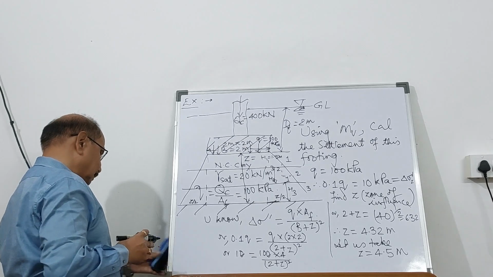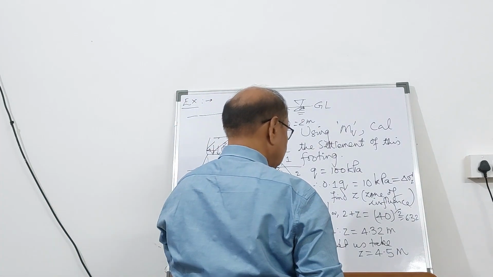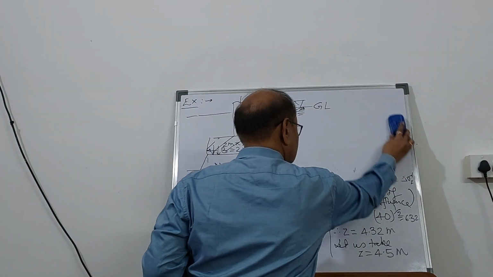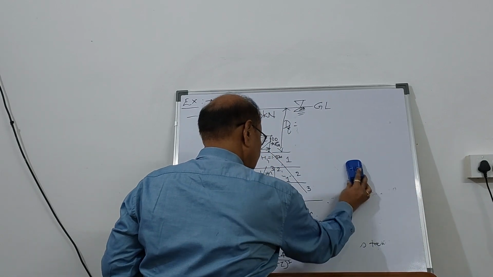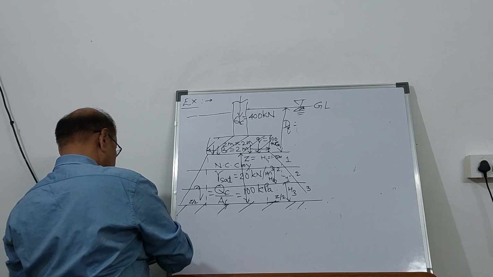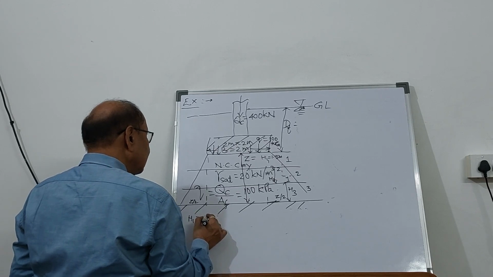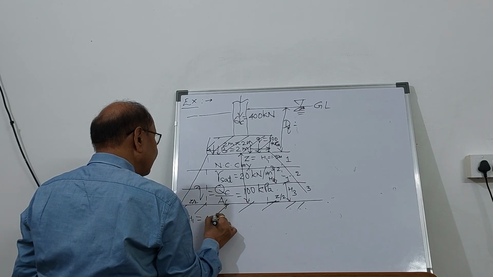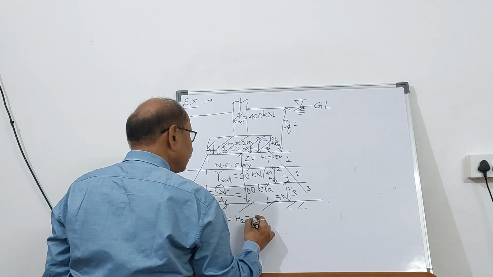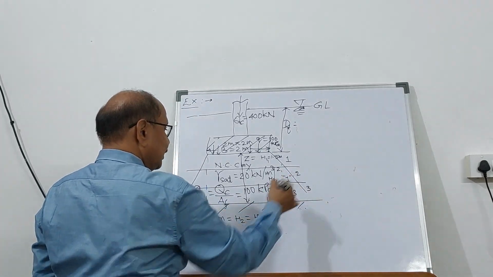So all the 3 layers, we can write it: H1, the layer 1 thickness of the clay, is 1.5 meter, equal to H2, the clay thickness for layer 2, equal to H3, the thickness of clay layer 3.